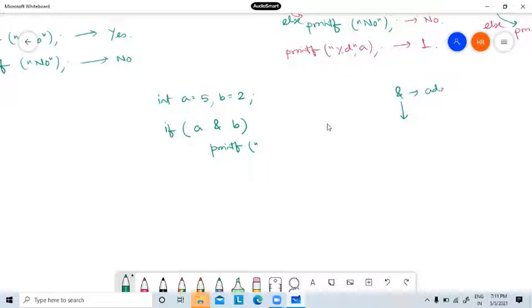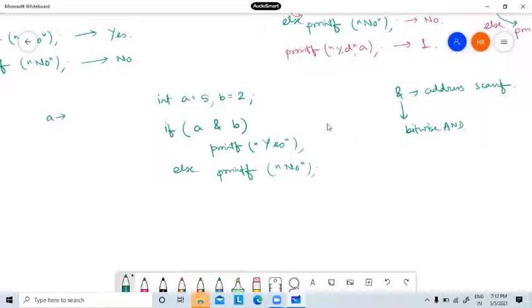Unary is the address operator used in scanf, and as a binary operator it is called bitwise AND. Now see how bitwise AND is performed. Yes, else, printf no.